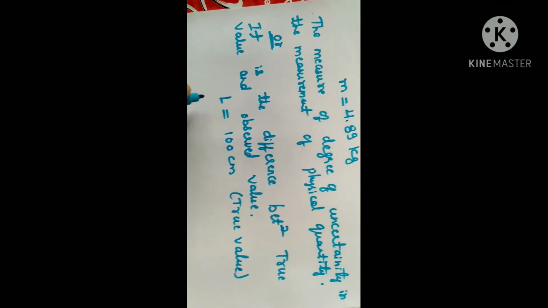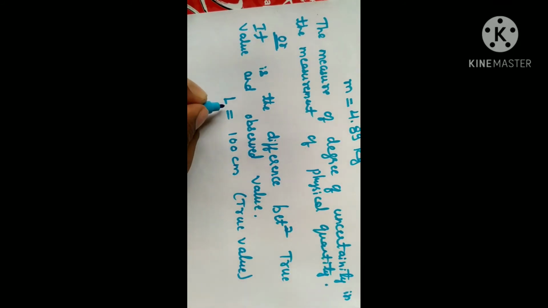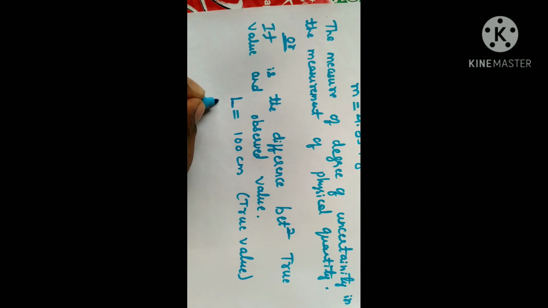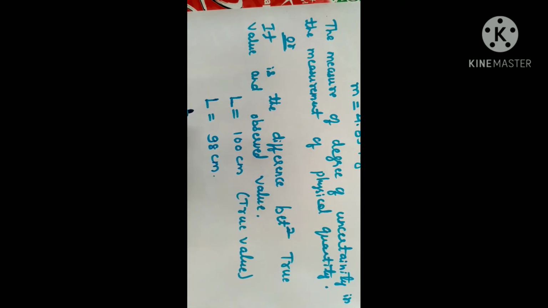And with the help of an instrument, let me take any instrument, you can take a meter scale or vernier calipers, let me measure the length of the object, and I got the value as 98 centimeter. So the instrument may have some errors. Because of that instrument error, we got the length as 98 centimeter.